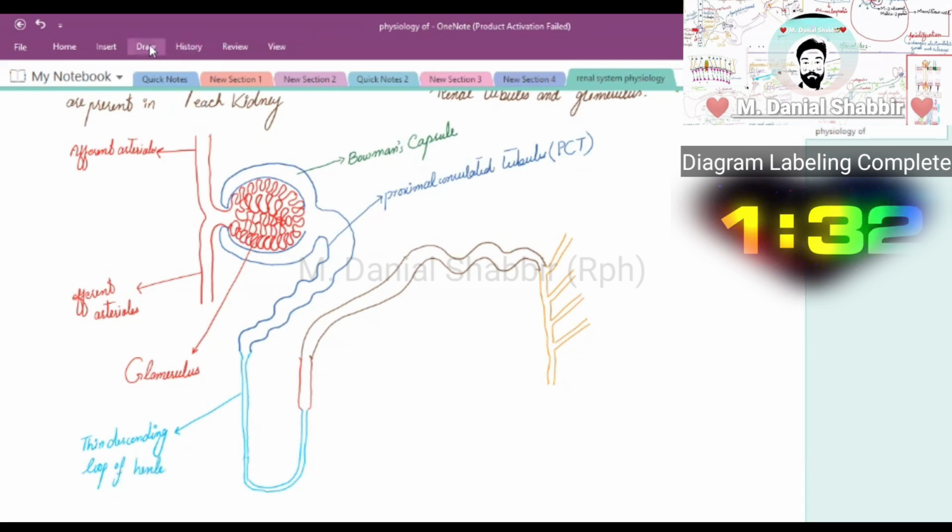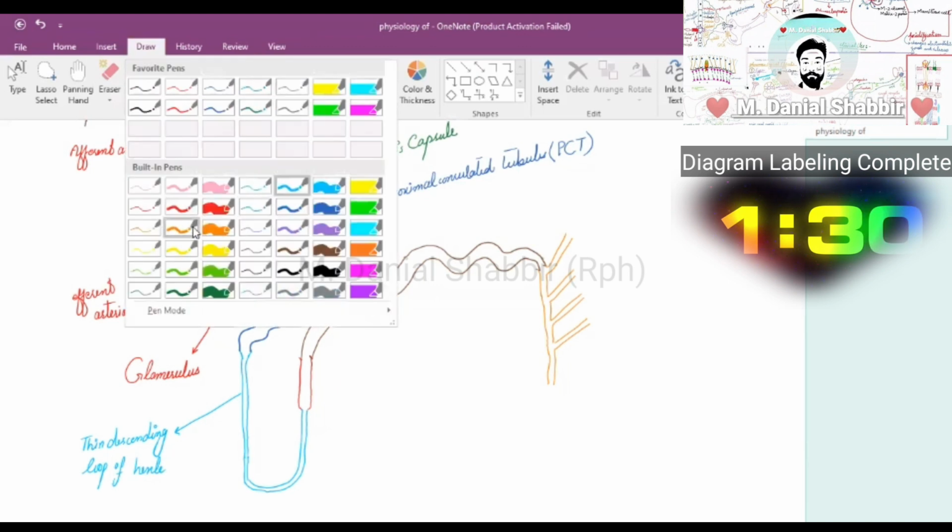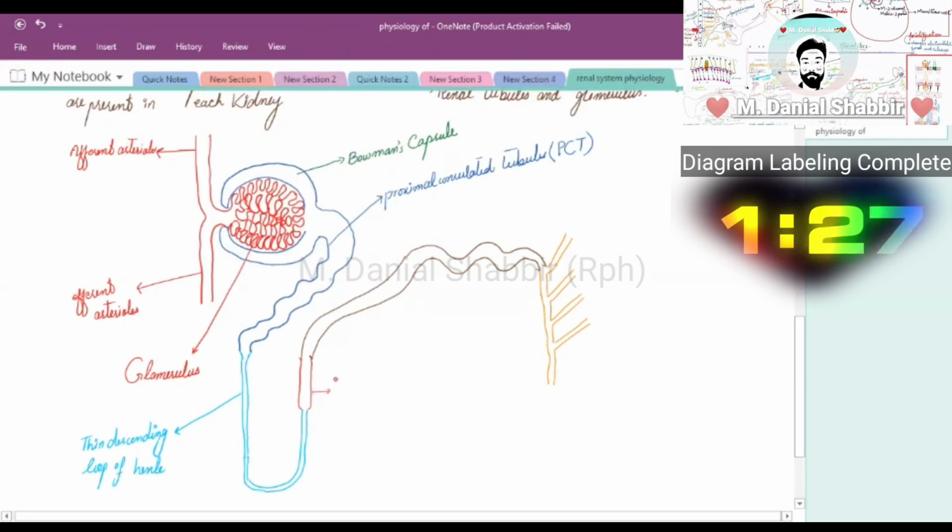Okay. This portion is the thick ascending loop of Henle. You can also write it as TAL, thick ascending loop. And this one is the thin descending loop.